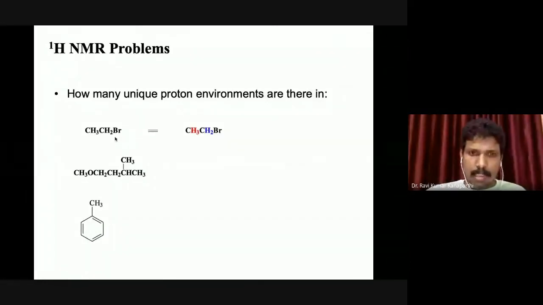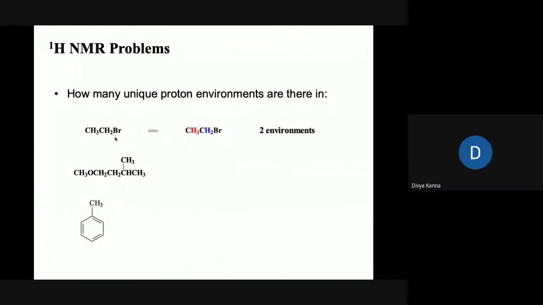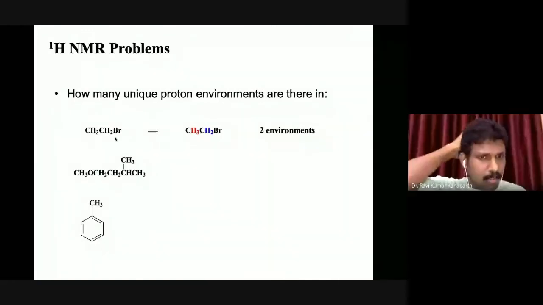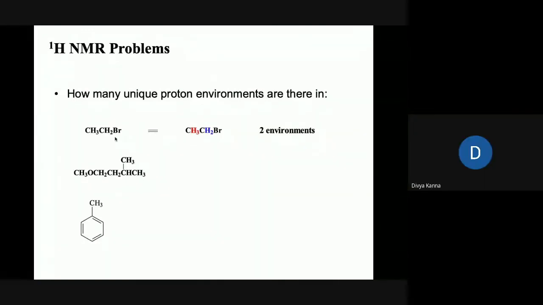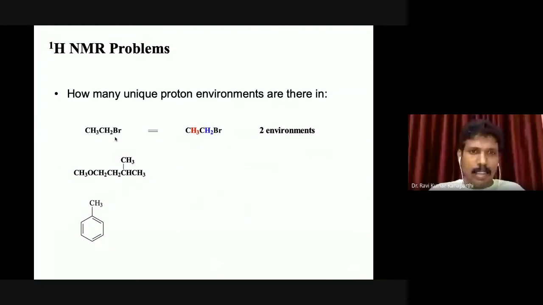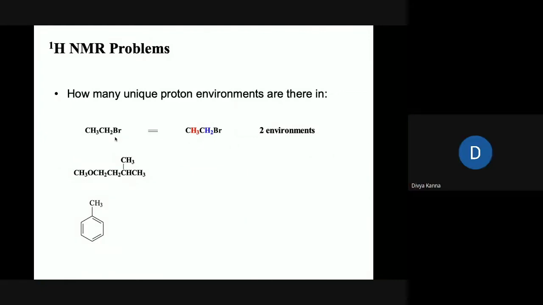Row number 19. Next molecule. Why in row number 19? Hello, sir. Who is this? Divya, sir. Tell me, Divya. How many? 1, 2, 3, 4, 5, 6. 6.